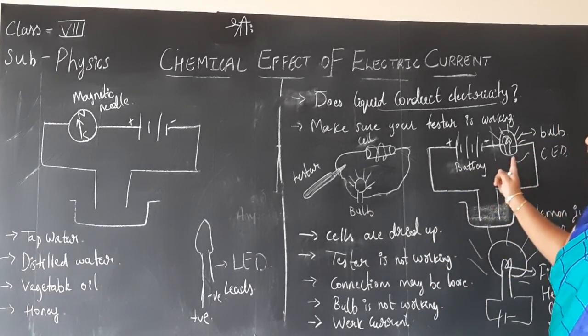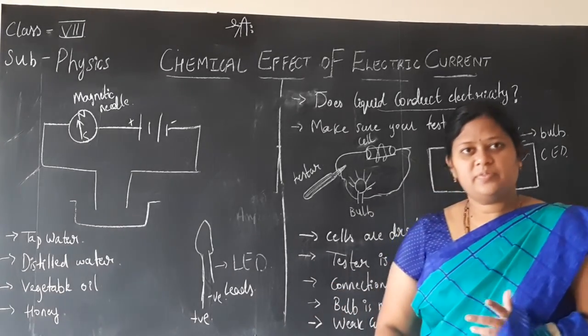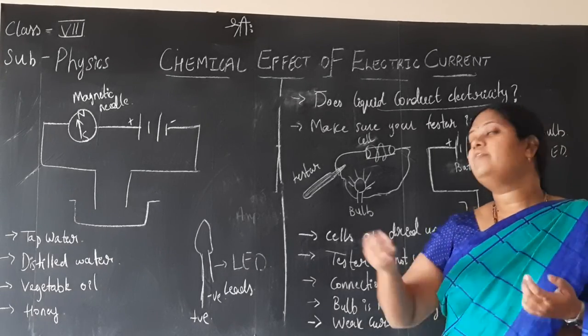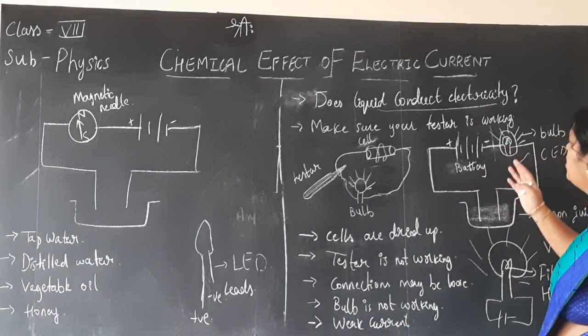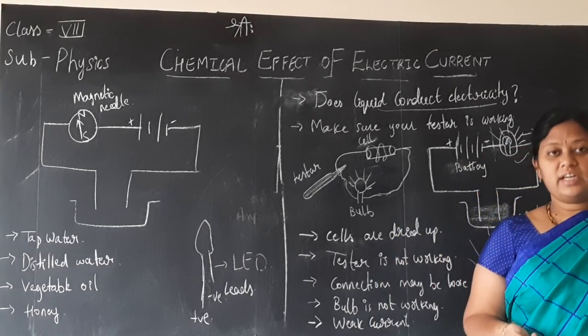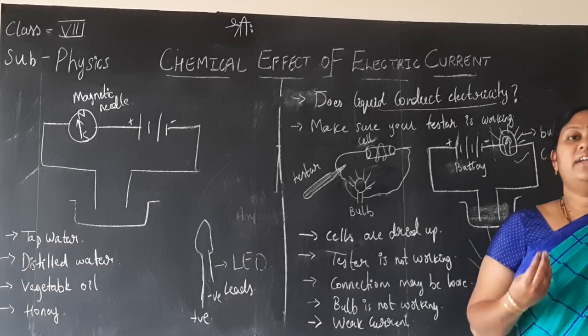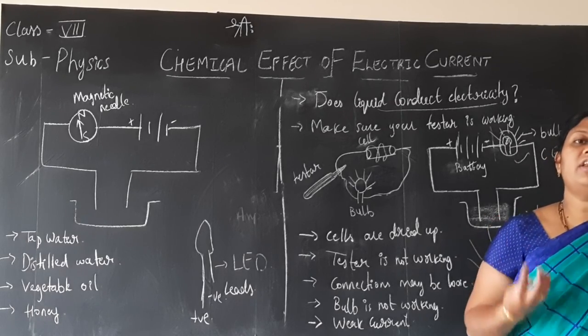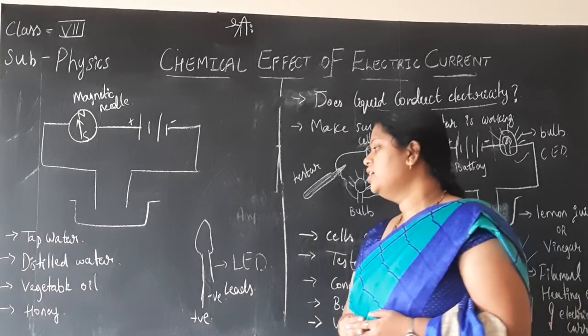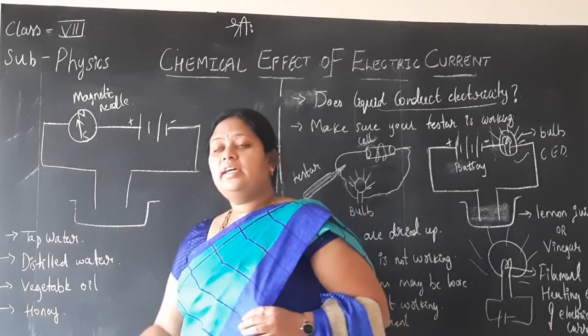As we replace the electric bulb by LED so that it can detect the small amount of current, similarly, if the tester is not working, we shall replace the tester by a new tester which can detect the presence of small current in the circuit. So, what is that tester?